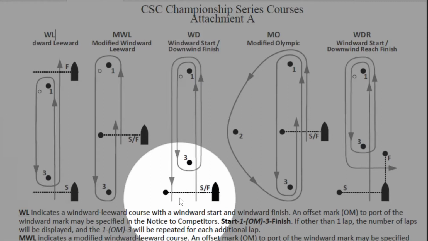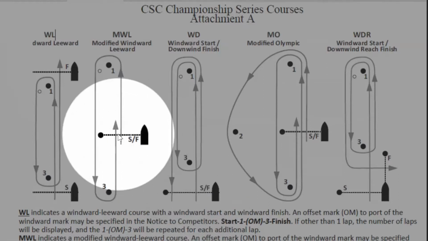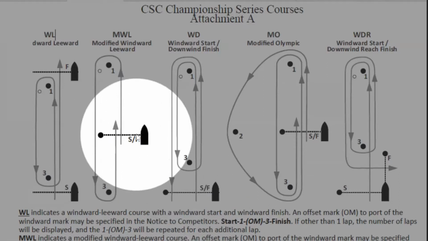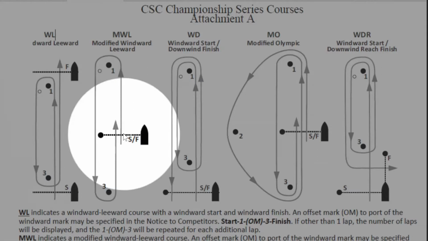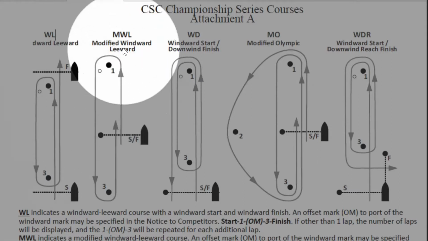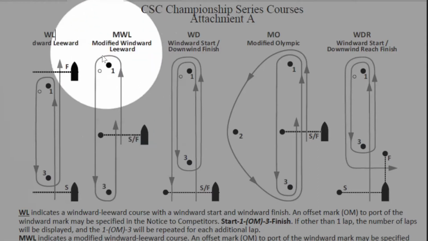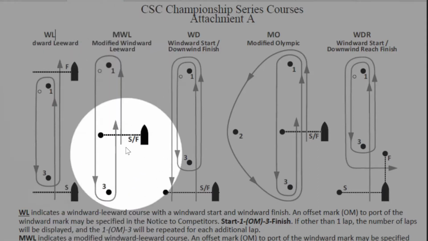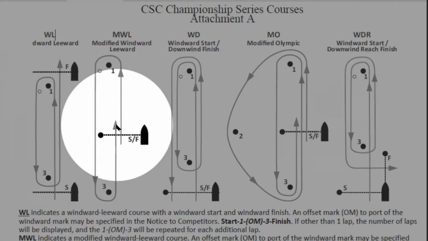We call that a downwind finish. Or we put the start finish line in the middle of the course, which is generally called a modified windward-leeward. You start sailing around the windward, possibly around an offset or on the leeward, and then finish upwind in the middle of the course.